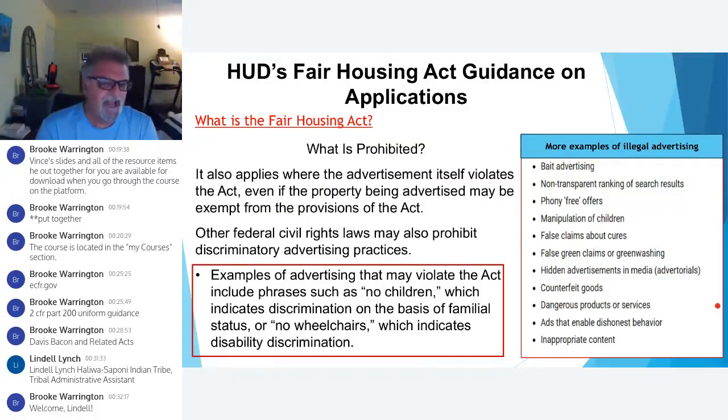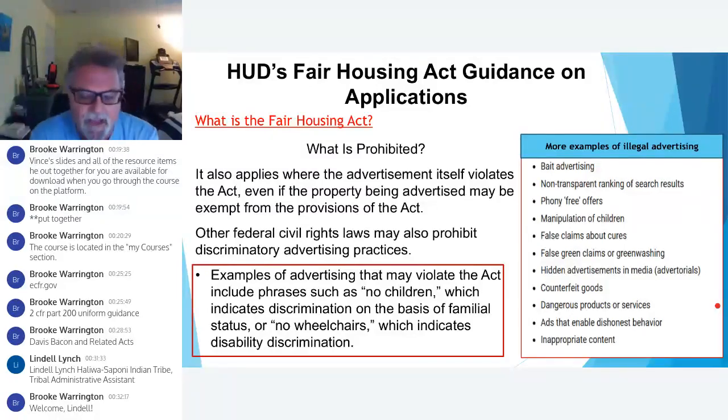So the second sentence there, in the middle, other federal civil rights laws, that's a whole other set of federal regulations, the civil rights regulations that came out under the Johnson administration. We can't forget about the Civil Rights Act of the 60s that came out as well.